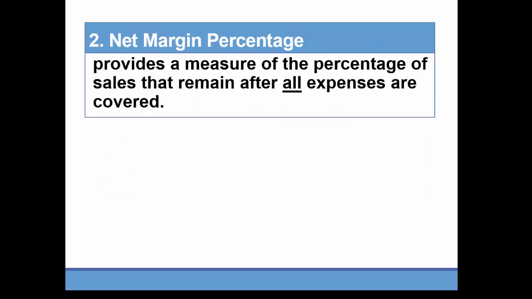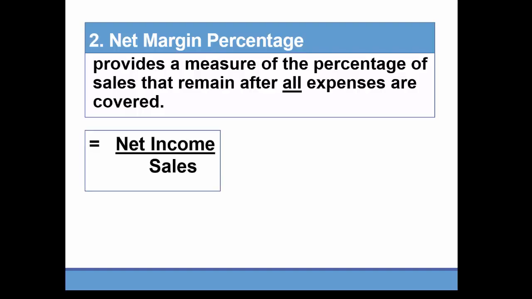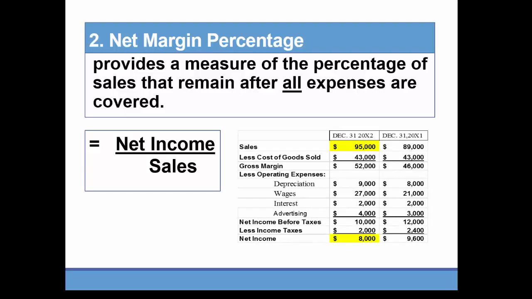Next, we'll look at the net margin percentage, and this is looking at what percentage of sales are left after all expenses are paid. So this is a measure of just general cost control. The formula is net income divided by sales. If you look at the income statement of Aggie Inc., you will see that net income was $8,000 while sales were $95,000.